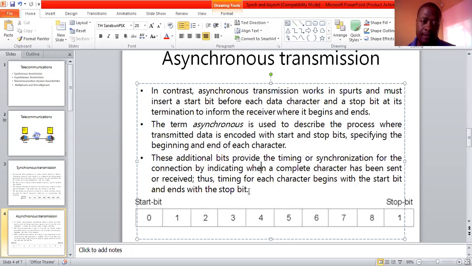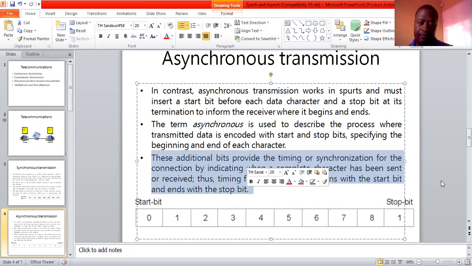These additional bits provide the timing or synchronization for the connection by indicating when a complete character has been sent or received. That's the timing for each character, starting with the start bit and ending with the stop bit.